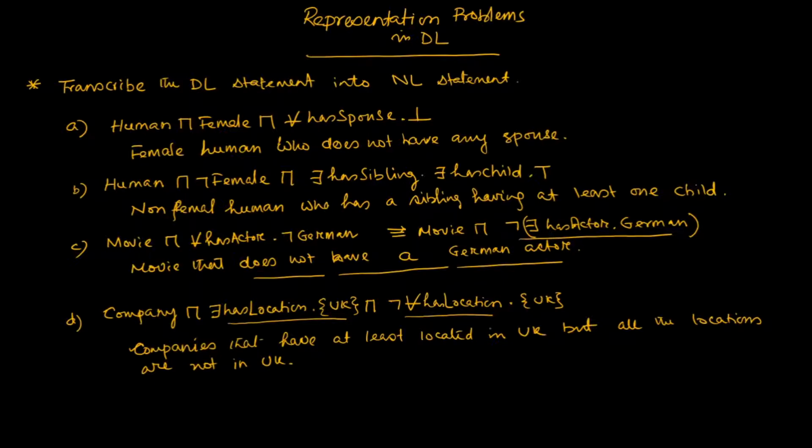There are many problems. Let us have another. Say human intersection works for all has location, say UK. So: human that works for the things that are located only in UK.